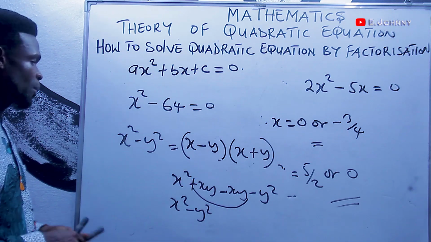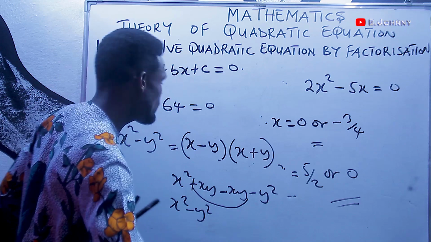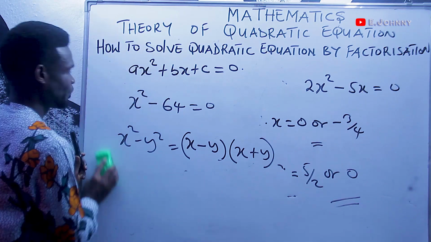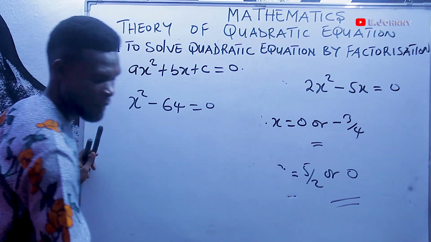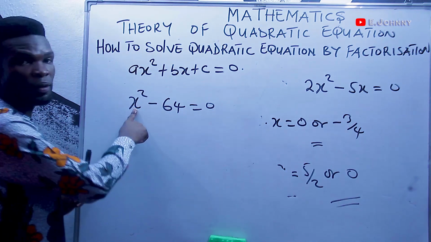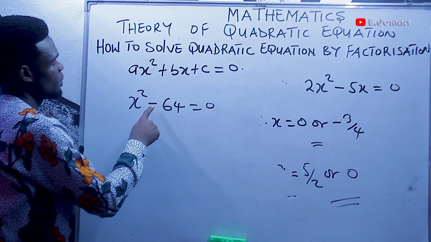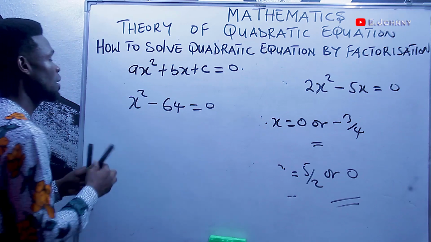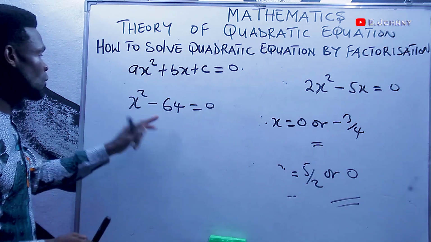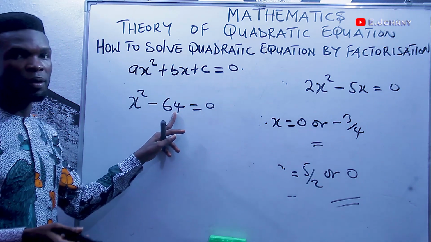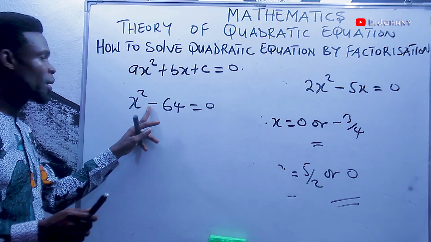That's how to apply difference of two squares. Which means that mathematically, if I have a term squared and then two terms such that the first term is squared, I must find a way to square the second term, provided they are separated by a negative sign.